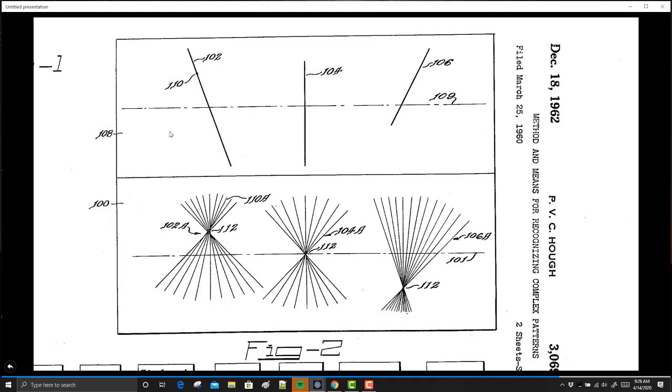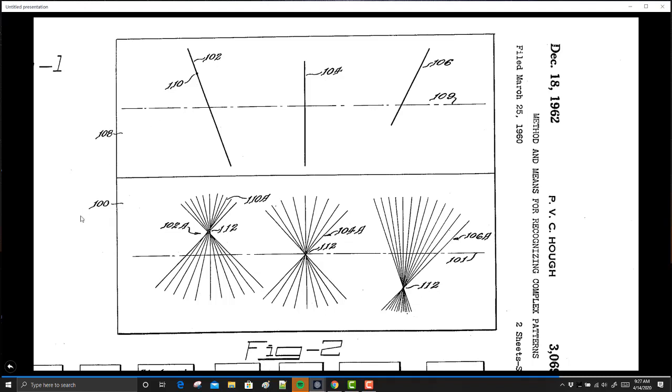In the top framelet 108, we see 3 straight lines called line 102, line 104, and line 106. We also see a line drawn down the middle of the framelet. That line is called the midline.